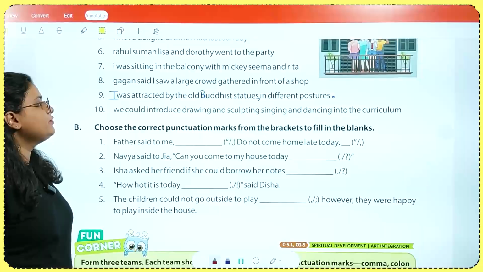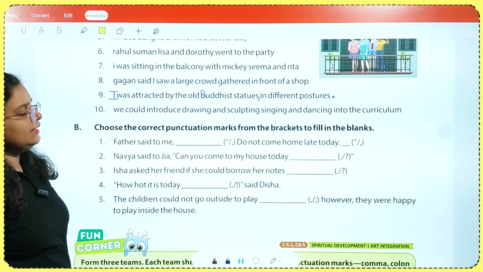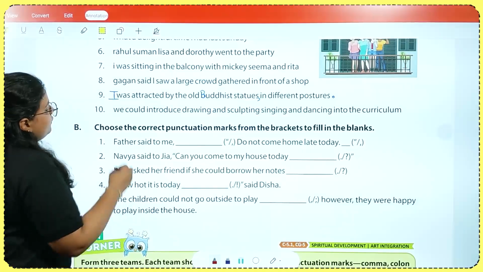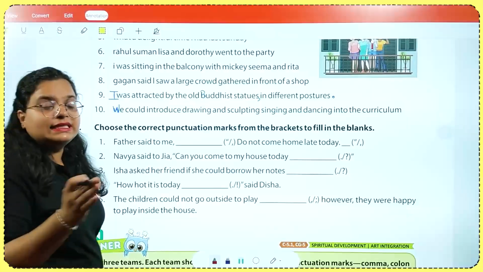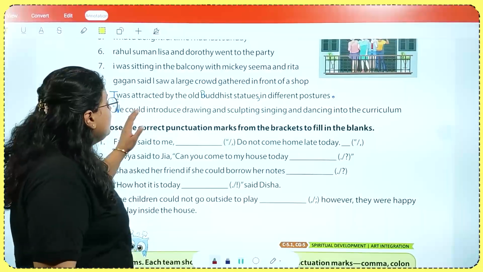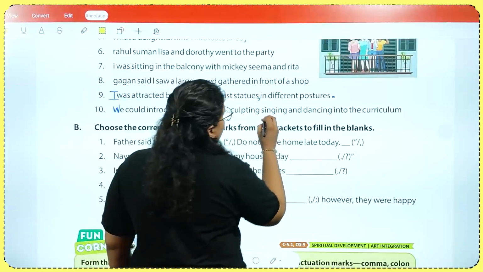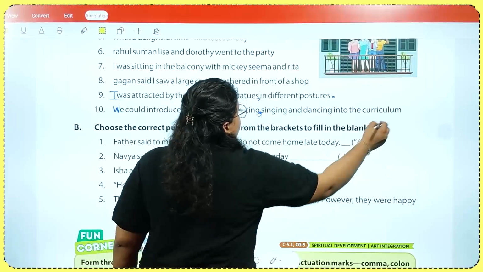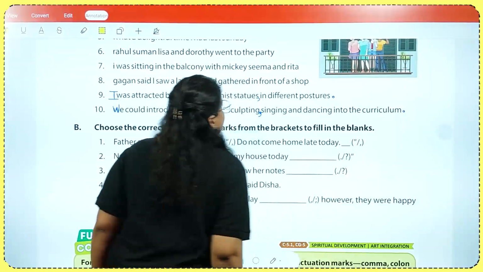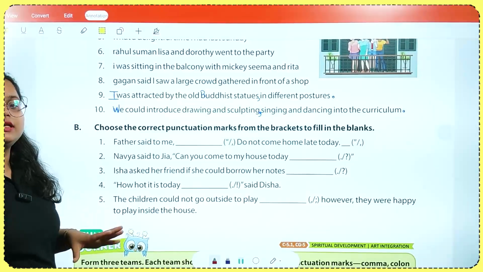We could introduce drawing and sculpting, singing and dancing into the curriculum. So first, W will be capital because the sentence is beginning from here. Could introduce drawing and sculpting, comma, singing and dancing into the curriculum. Full stop. Okay? Understood how you had to do this?